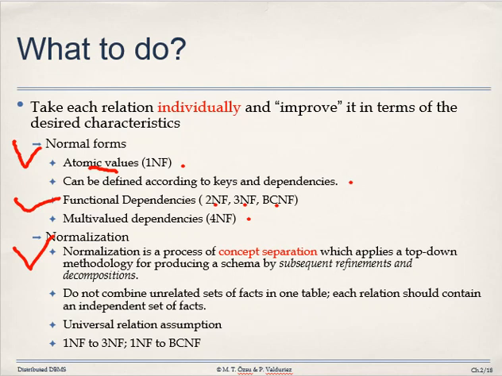Do not combine an unrelated set of facts into one table, and each relation should contain an independent set of facts. The universal relation assumption is that we go from first NF to third NF, or first NF to BCNF. So either we go from first normal form to third normal form, or if needed, from 1NF to BCNF.